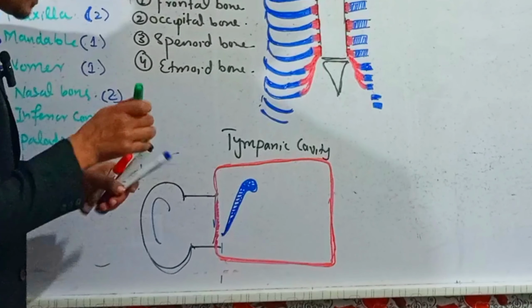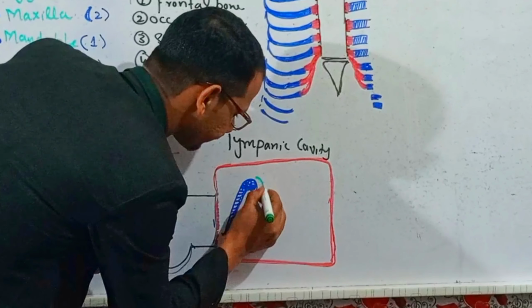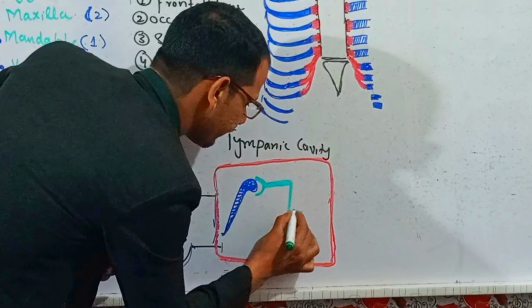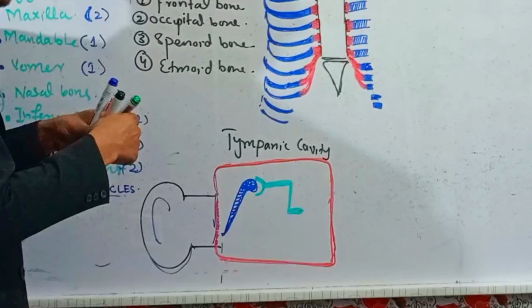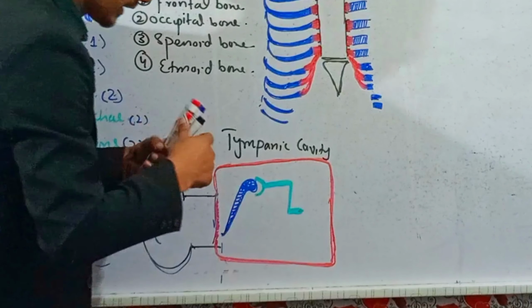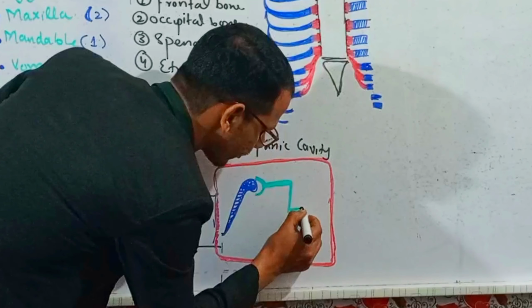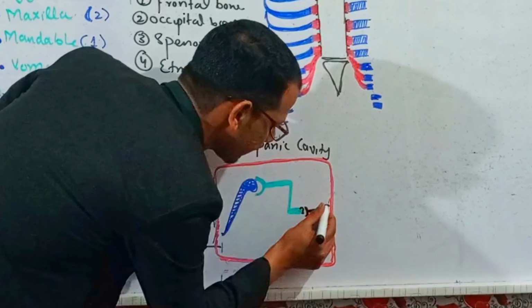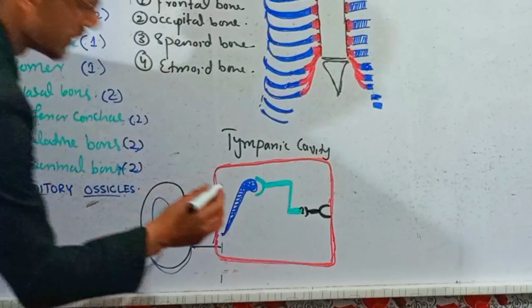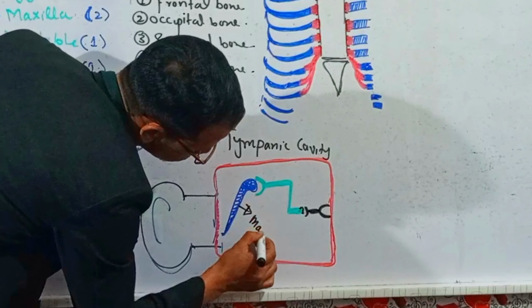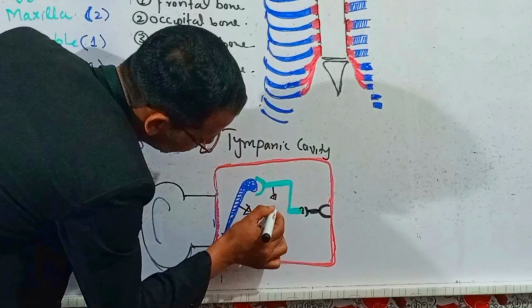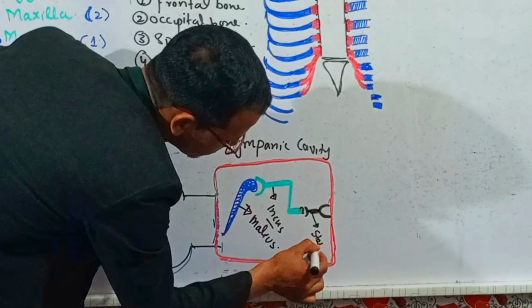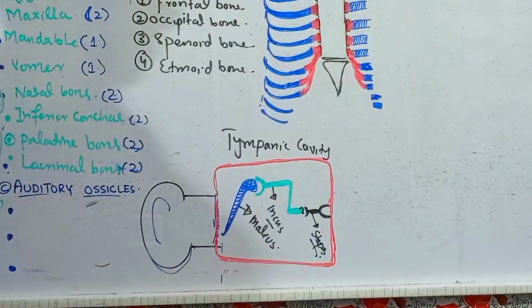The next bone is present like this, which is called the incus, and the last bone is present here, which is called the stapes. So this is malleus, this green bone is incus, and this black is stapes, and stapes is the shortest bone in our body.